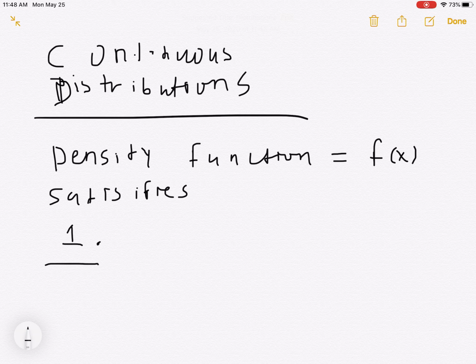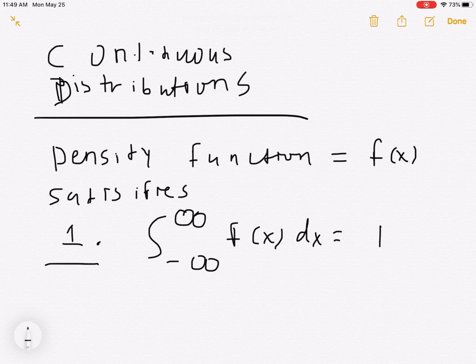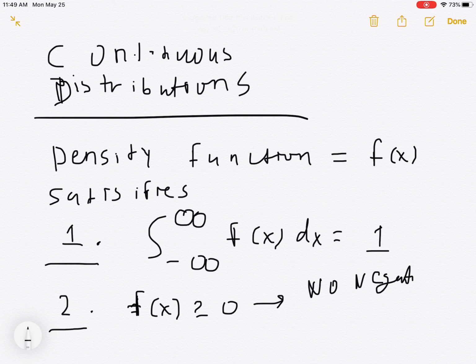One is that the total probability, which is now calculated with an integral, is equal to 1. And the second is that there's no negative probability: f of x is greater than or equal to 0. And what this translates to is no negative probability.